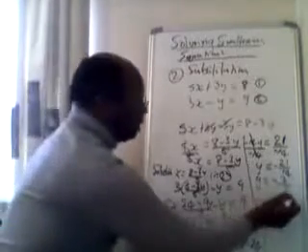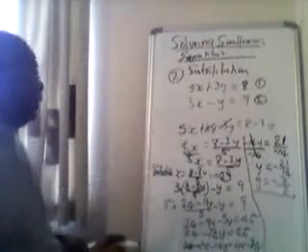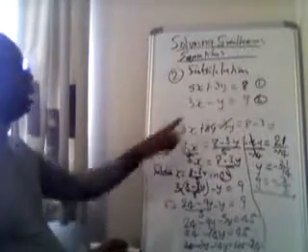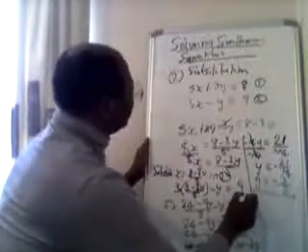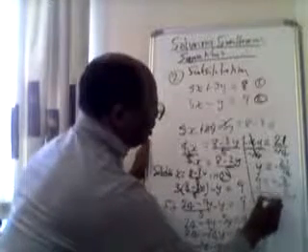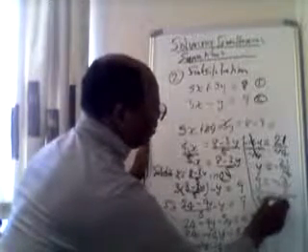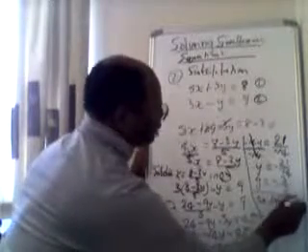Once I've got this, I'm going to use it to substitute into either of the equations. So I will substitute into equation 1. Then I have 5x plus 3 bracket minus 3 over 2 equals 8.